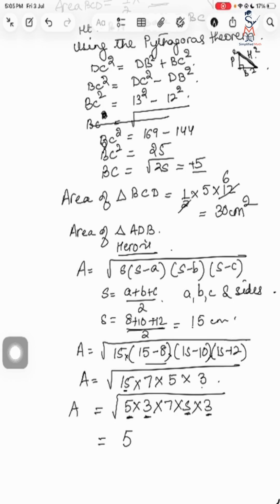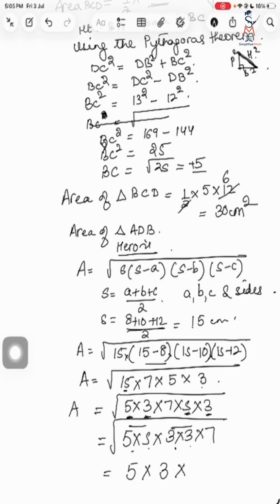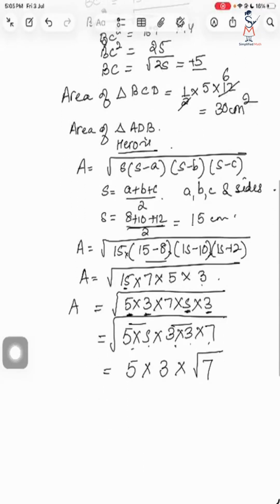So out of 5 into 5, I'll take out one 5. 3 into 3, I will take out one 3. And 7 has no pair, so it will be under root only. So this will become 5 3s are 15 root 7. So area of ADB is 15 root 7 centimeters square.